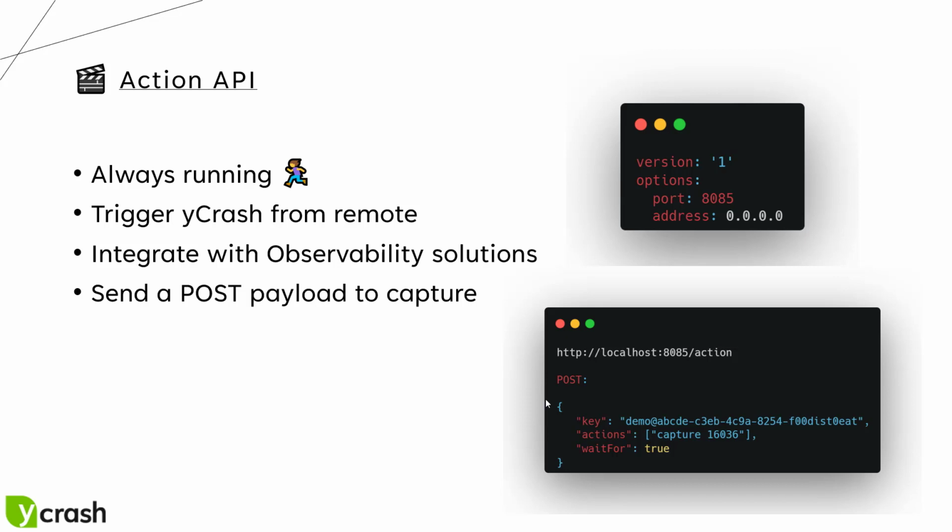The Action API is responsible for this process. Whenever you enable this, you can send a POST payload using tools like Postman or JMeter, or you can simply send a curl command to trigger the action. It will capture all the details and then forward the artifacts to the yCrash server.